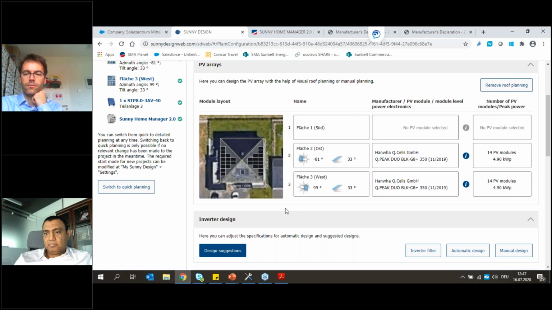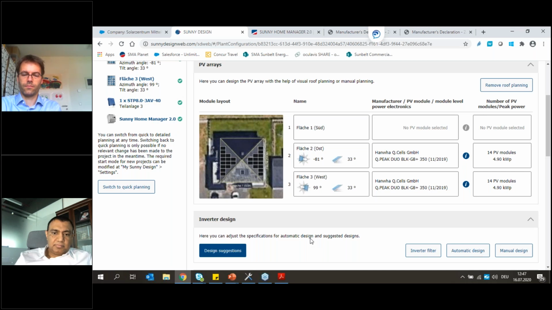But at the end, this is definitely a good idea to give customers an idea how the system would look like, how many modules you need, what mounting structures you need, also with the different screws and plates. And of course, the inverter can be integrated with the cables.